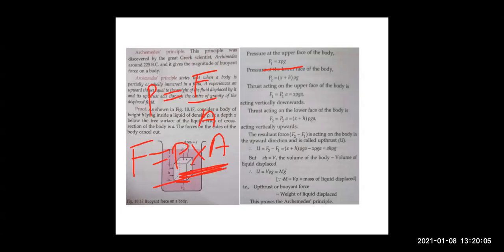What is the area? Area is A. What is the pressure at the upper face? First face, P1. So it is P1 A. F1 is equal to P1 A, which is equal to rho gxA. Right children? This is the force that is acting in the downward direction.